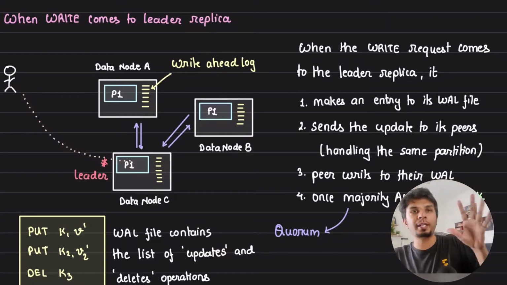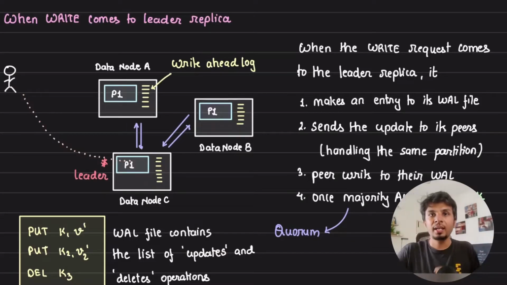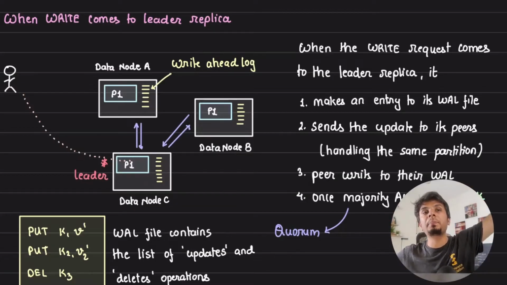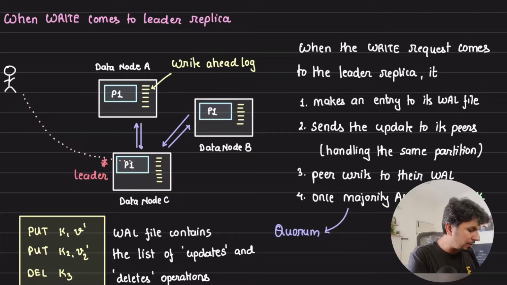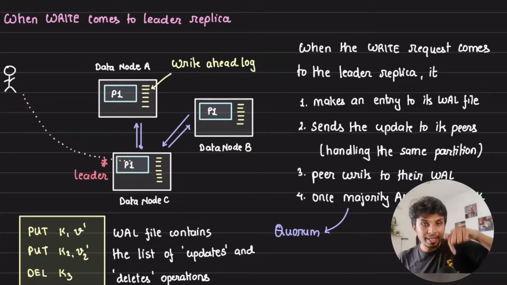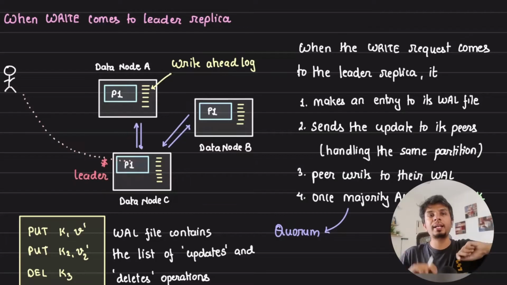So if my write is for partition 1, it would come to data node C. Data node C would write it to its write ahead log, and then it would send the write to the other two nodes that serve the replicas of the same partition. The replicas of partition P1 are served by data node A and data node B. So data node C would send a request to data node A and data node B about the new incoming write for partition 1.